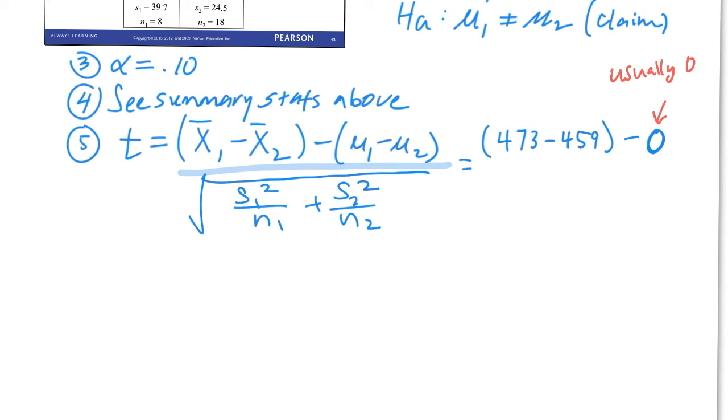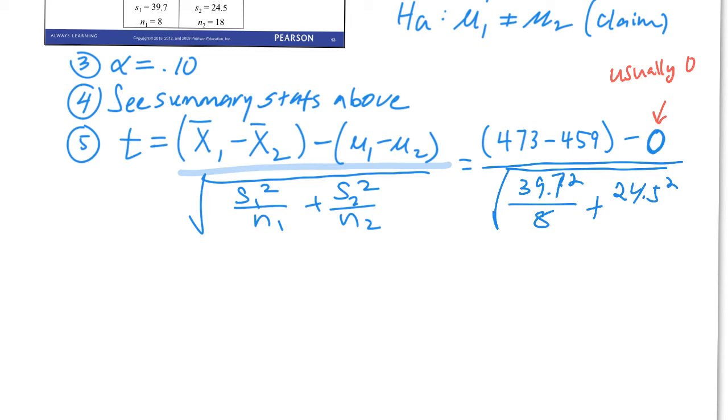Okay, and then we're going to divide by the square root of S1 squared over N1, so that's 39.7 squared over the first sample size 8, plus 24.5 squared over the second sample size, which was 18. Okay, so like I said in the opener, this is a little bit more complicated with your calculator, but if you type it just like that into your calculator, you should be able to work out that this just comes out to 0.92 for the t-value.